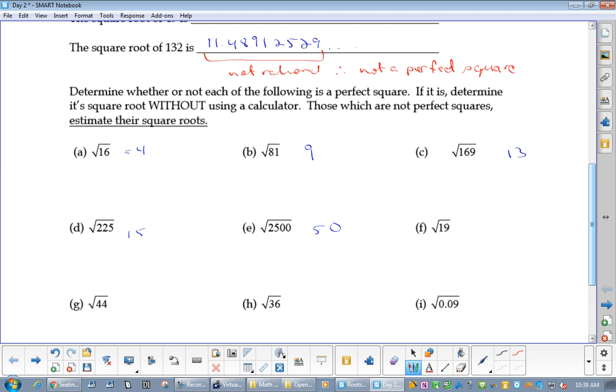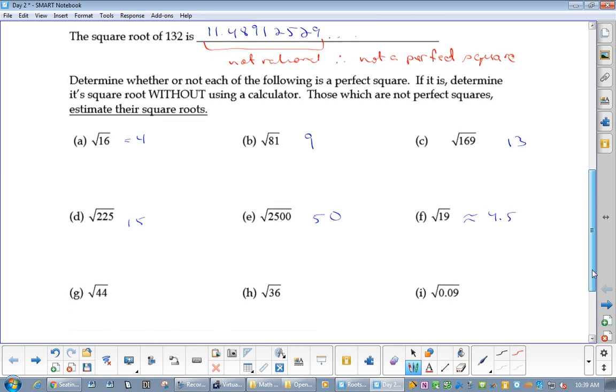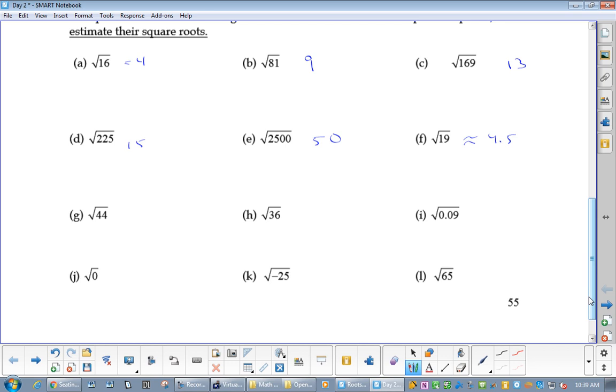There's square root 16, or there's square root 25, right? It's in there somewhere. So we put a little squiggle, and that's around 4.5. Square root of 44, right? 7 times 7 is 49, right? So it's around, but it should be less than 7, right? So about 6.6, 36, 0.09.